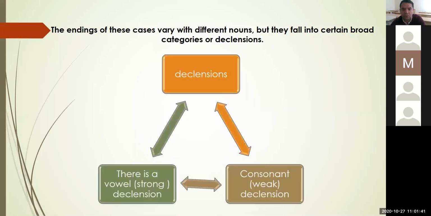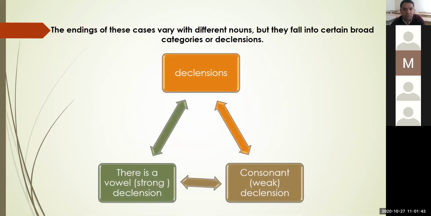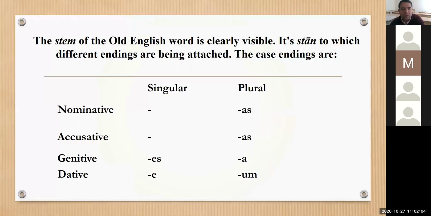Unfortunately, we don't have it here, but in the books you may find the declension of the noun, where you may see that sometimes it is O stem declension, but there is no O in the stem. It is explained according to the vowels in the Germanic period, not in the English period. Well, the stem of the Old English word is clearly visible.